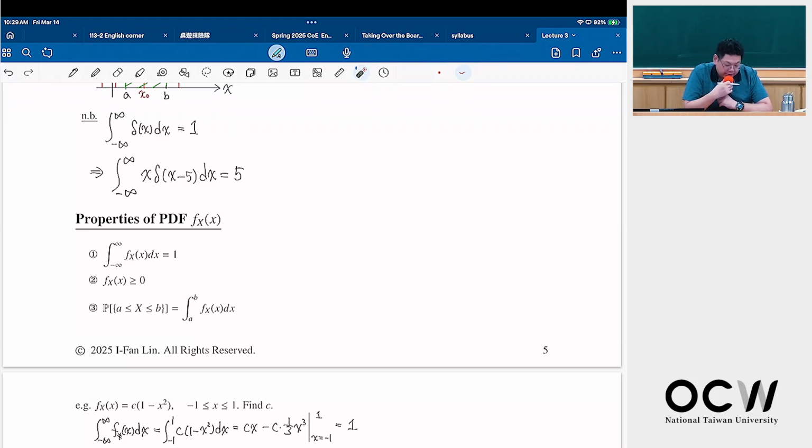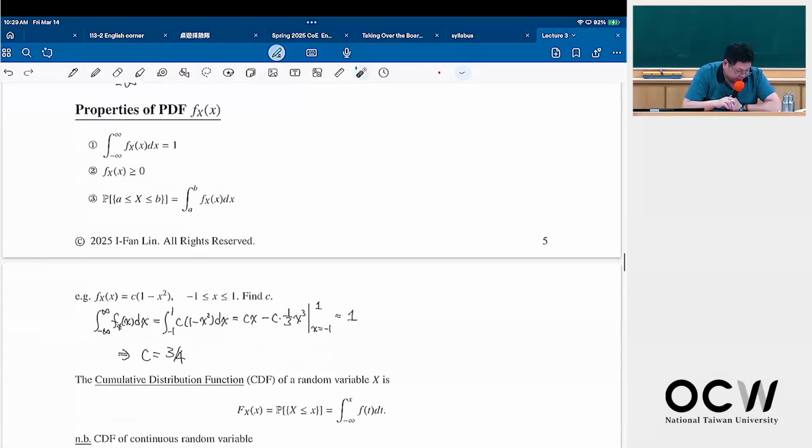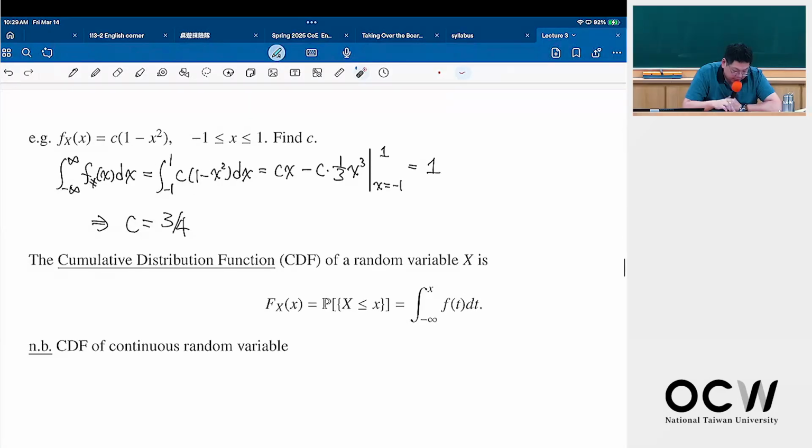But do we have any other term I can just express to say that this is the probability? Yes, we have this called CDF, the cumulative distribution function. Here is the definition. The CDF is just the probability.